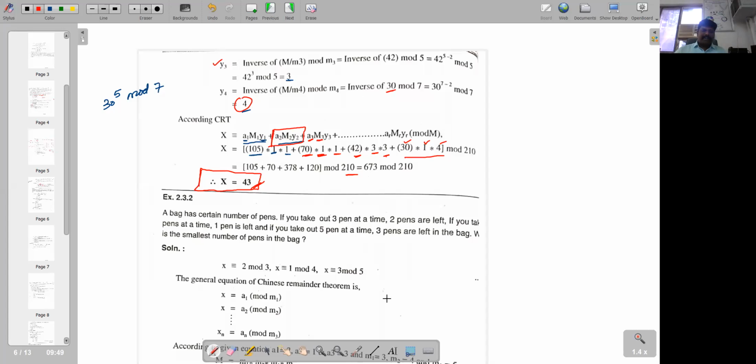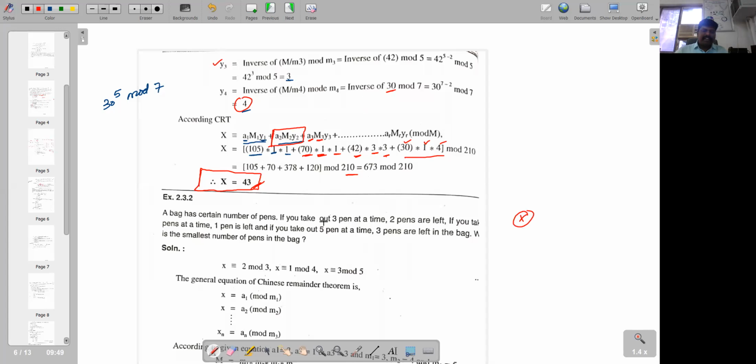The second example, just note down the problem. With this problem, again, I'll try to explain with the Chinese remainder theorem. A bag has a certain number of pens. If you take out 3 pens at a time, 2 pens are remaining. Let's assume the bag has X number of pens.